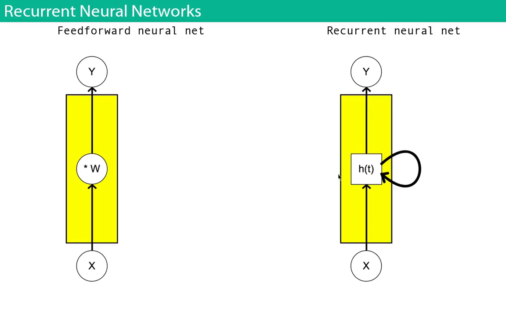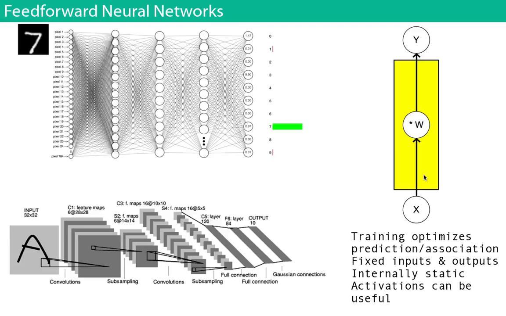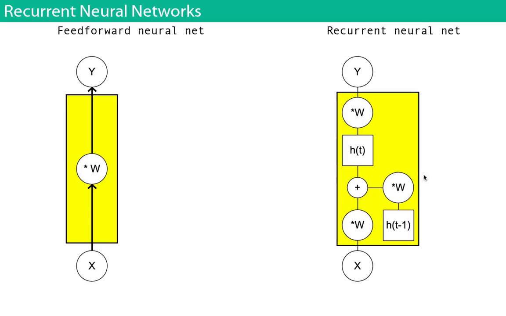Now it has this hidden state, which is a function of time. So you put in inputs, and it changes that state. In particular, it's a function of the input and the previous hidden state. So every time you put in a new input, it updates the hidden state.